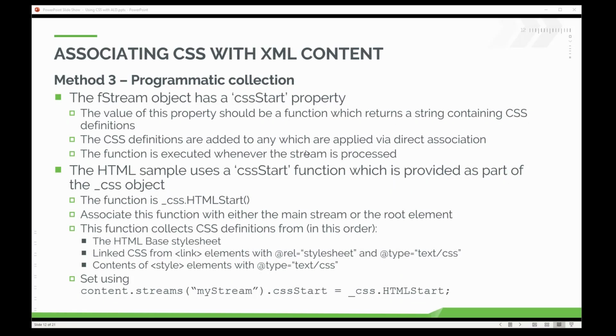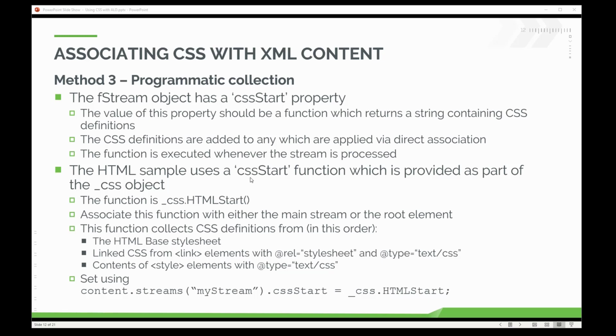The third method for applying CSS in ALD that we introduced is a little bit more tricky. So the FStream object now has a new property called CSS start, and if that CSS start is a function and that function returns a string which contains CSS definitions, those will be added to the CSS definitions which are being applied for the content stream that's being formatted.